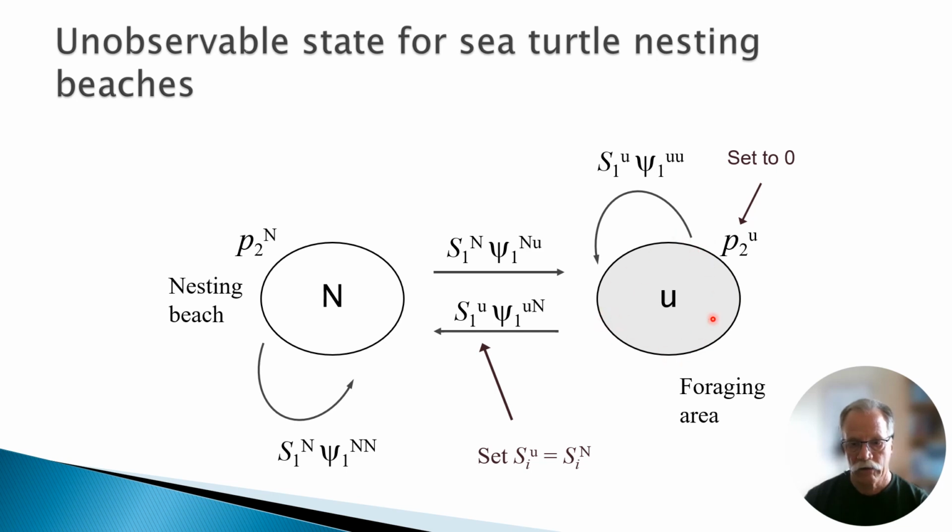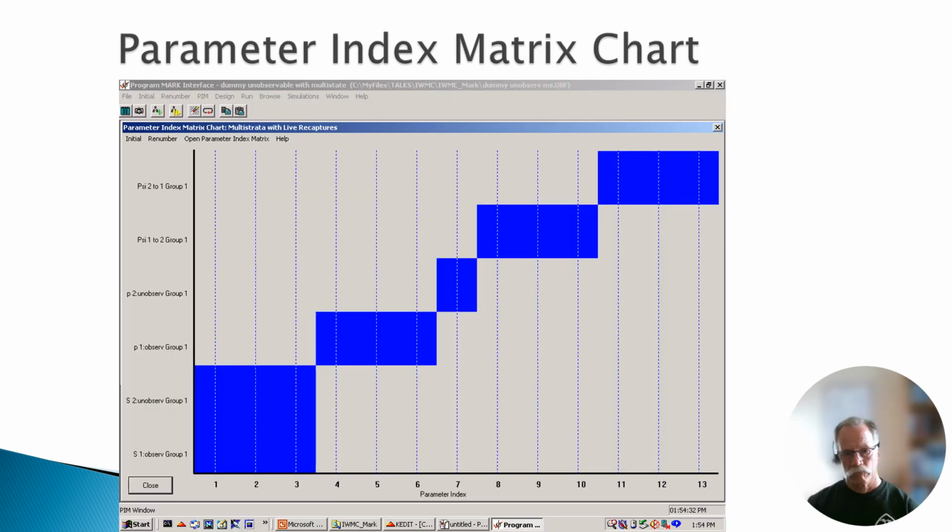And notice in this unobservable state, we're using that assumption of SU equal to SN. One thing we would have to do in the analysis is set the probability of being recaptured during that time to 0, because obviously there's no chance of recapturing the individuals.